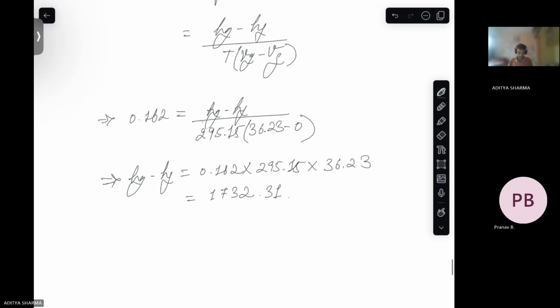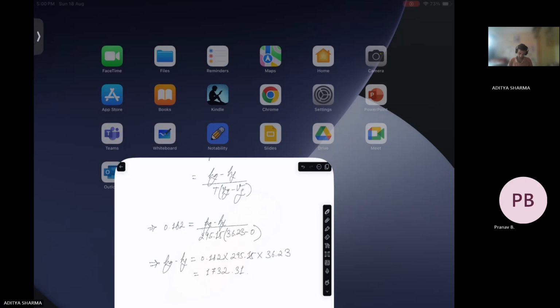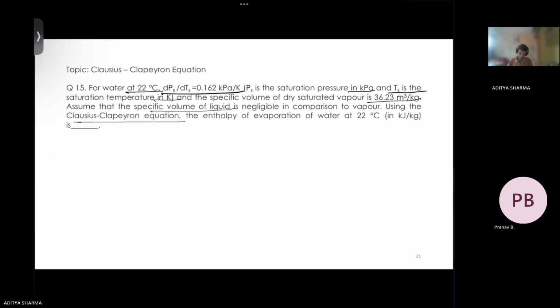Okay, so this is your enthalpy of evaporation at 22 degrees Celsius.